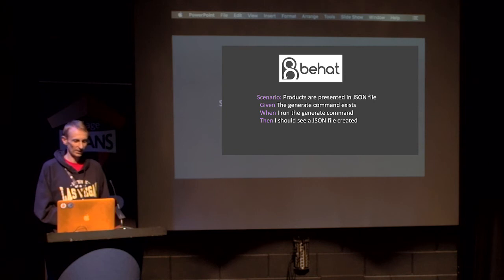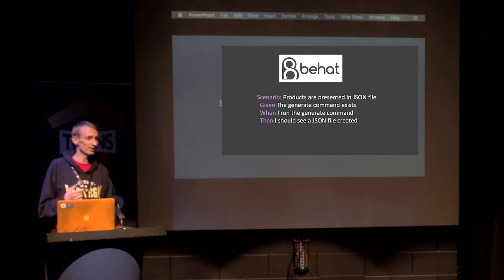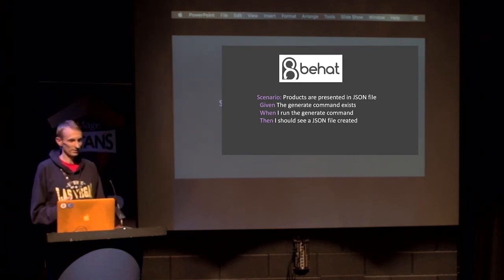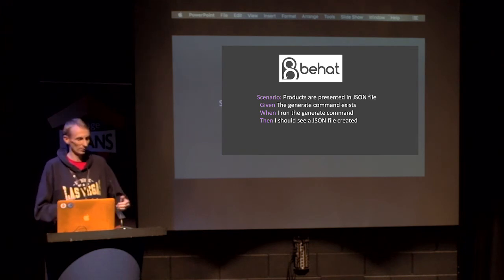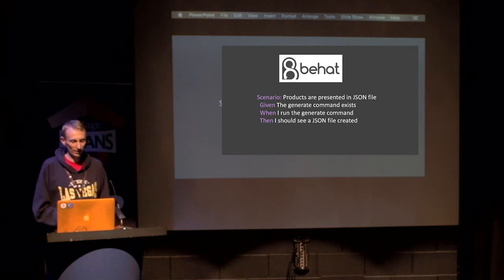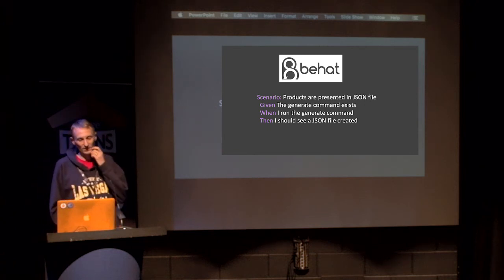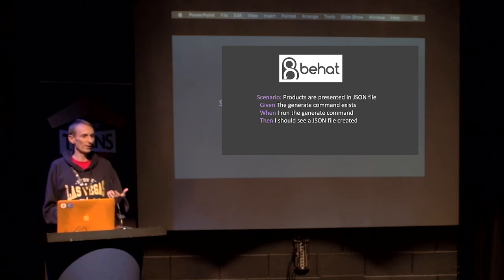So we give our scenario, which is that products are represented in a JSON file. Our given is what we set the scene with. So we're saying, given the generate command exists. When is what we're actually doing, our action. So when I run the generate command, we've then got the then, I should see a JSON file is created. And then is our assertion.